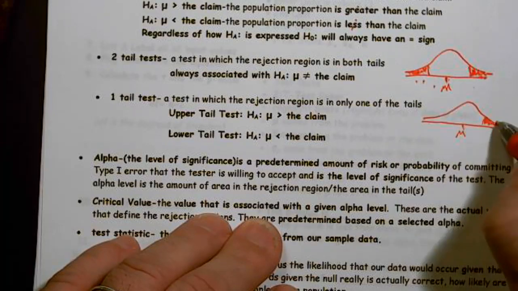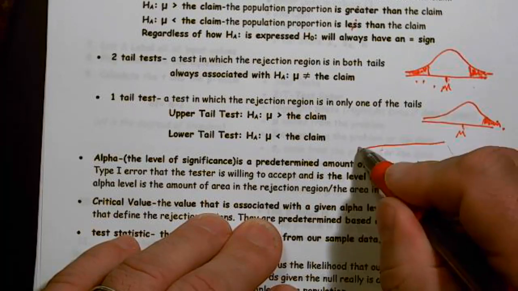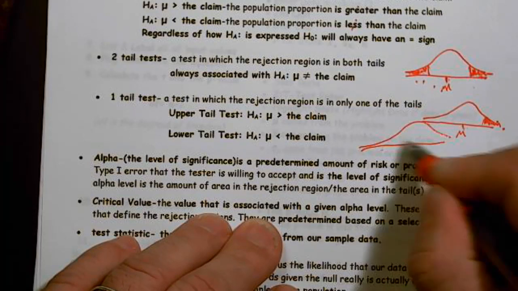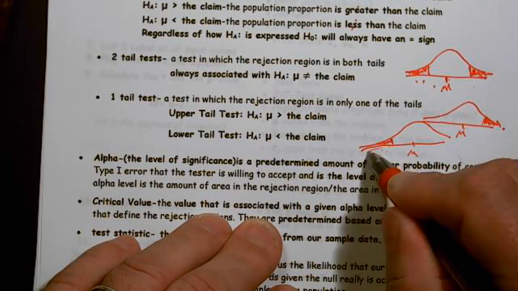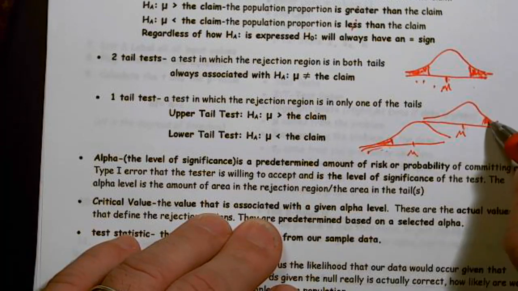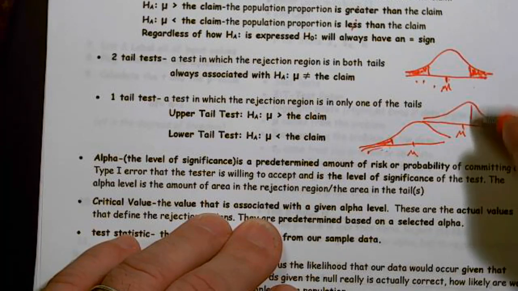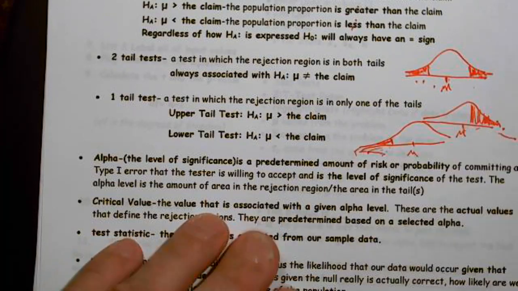If I'm too far above it, I reject the mean. And then a one-tail, lower tail, if I'm too far this way, I reject the mean. So if this value gets too small, I reject it. But if it were way over here, it's like, you know what, that's pretty close. But as I get farther and farther this way, I'm more likely to reject.